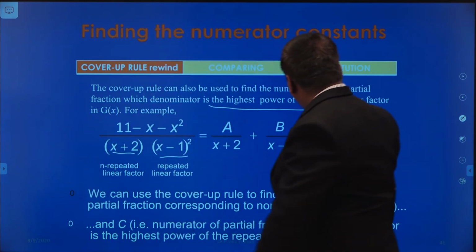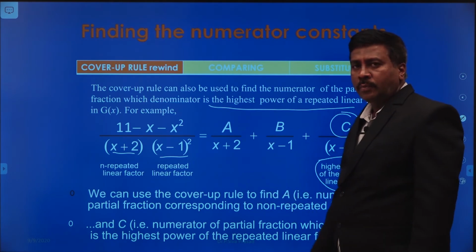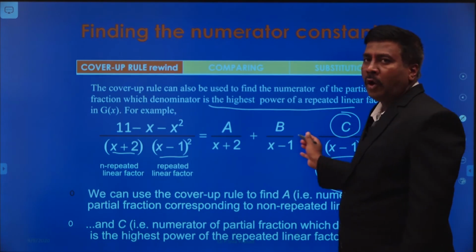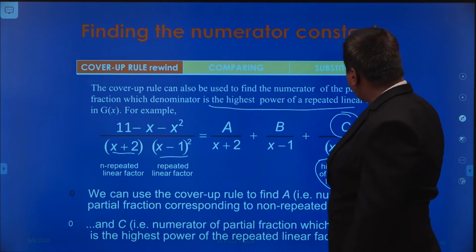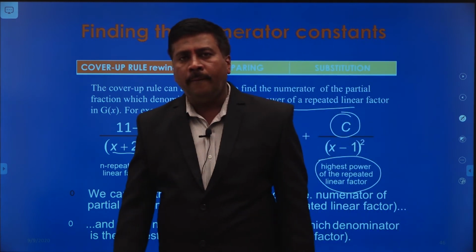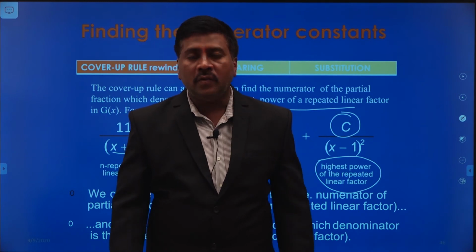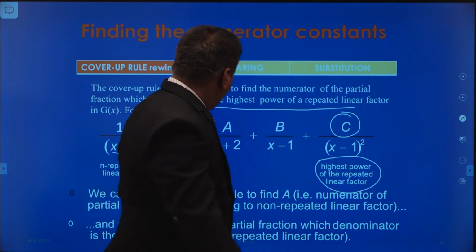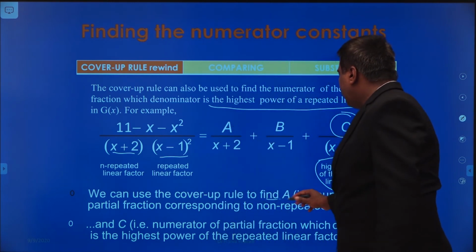Please say this, for the highest power of the repeated linear factor C, if you substitute x by 1, then automatically we will get the value for C. Suppose here in this place another factor is there, d by x minus 1 whole cube, then only we will get the value for d by using the cover up rule. Okay. Now, we can use the cover up rule to find A, for example.